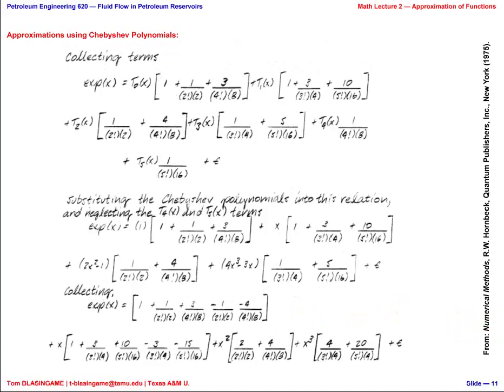So then we work out the algebra to where we're only in terms of T0, T1, T2, T3, T4, T5. And we're going to close our eyes and say, okay, I'm at a point now where I'm going to neglect the T4 and higher terms. So I'm not going to go any higher than T4 or T5.